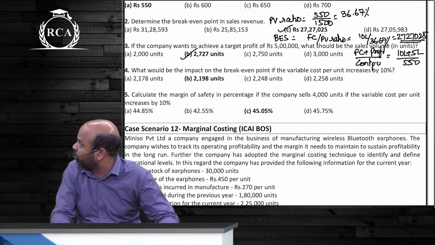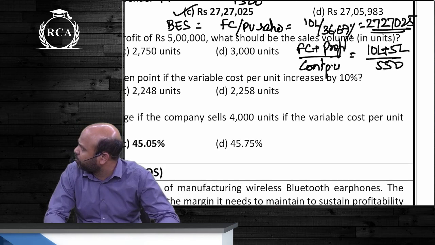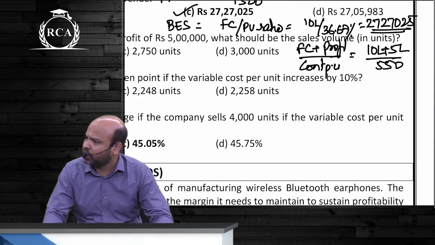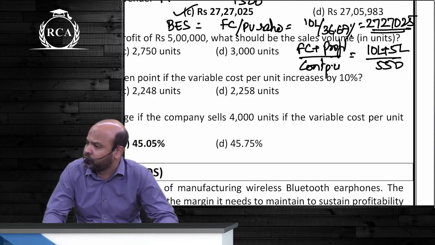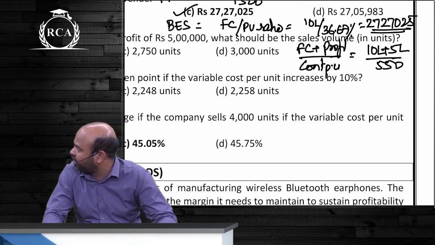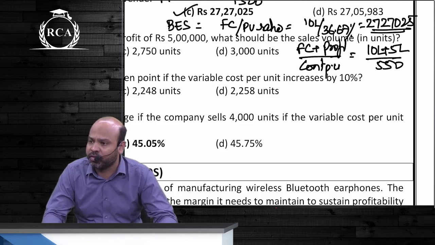Fixed cost plus profit divided by contribution per unit.